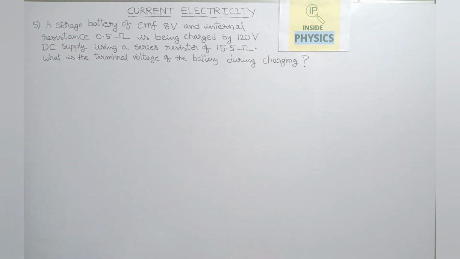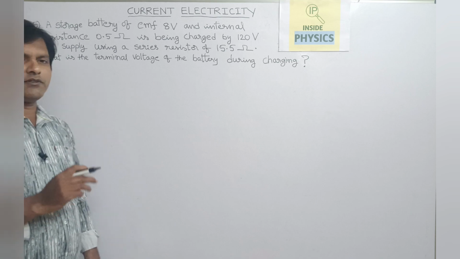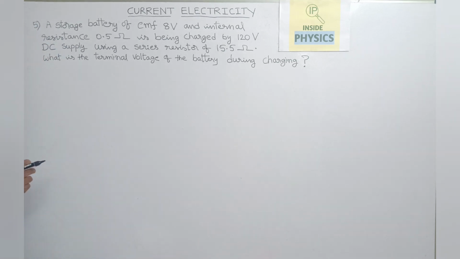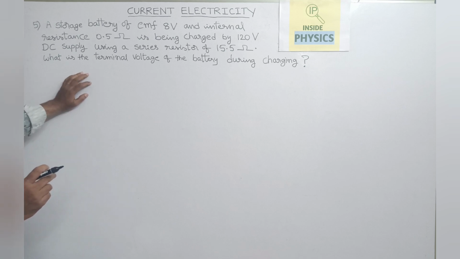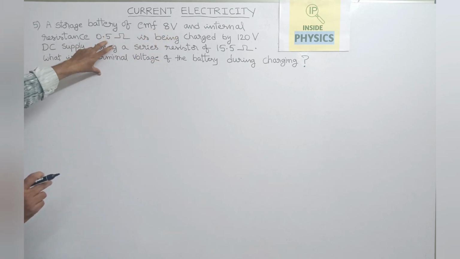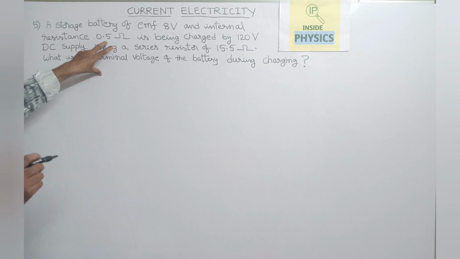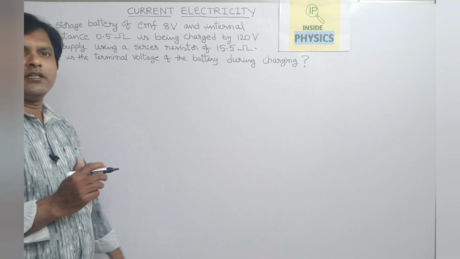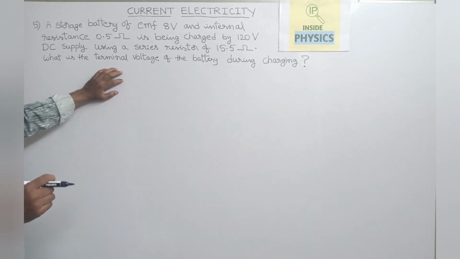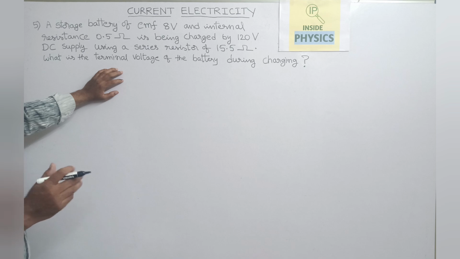Here we see batteries which, after getting discharged, we charge again. Even though it is a battery, it must have an internal resistance, just like a conductor has a resistance of some value.